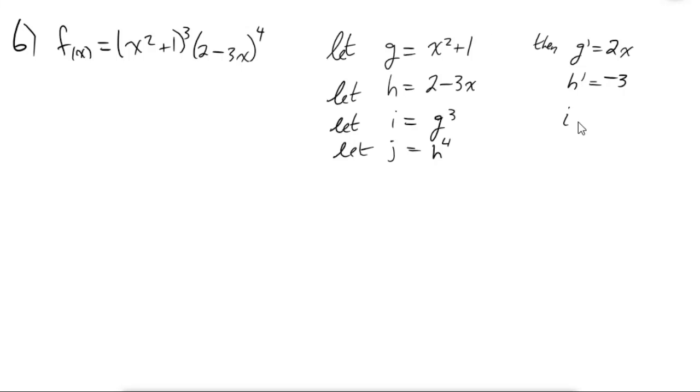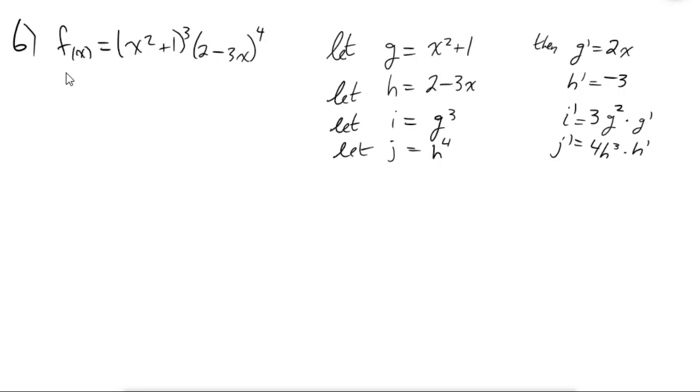And I guess we should write our derivatives. The derivative of i is equal to 3 times g to the power of 2 multiplied by the derivative of g, according to our power rule. And the derivative of j would be equal to 4 times h to the power of 3 multiplied by the derivative of h. I realize this is a lot of stuff, and that's one of the nice things about having this recording. You can stop and go back, and of course you can always ask me questions after you've watched it if you have any questions.